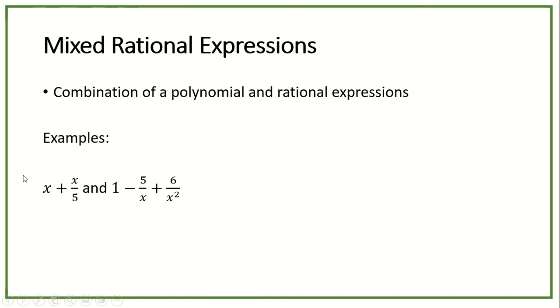So first, let's try to understand kung ano yung ibig sabihin ng mixed rational expressions. When we talk about mixed rational expressions, it's a combination of a polynomial and rational expressions. For example, we have here x plus x over 5.